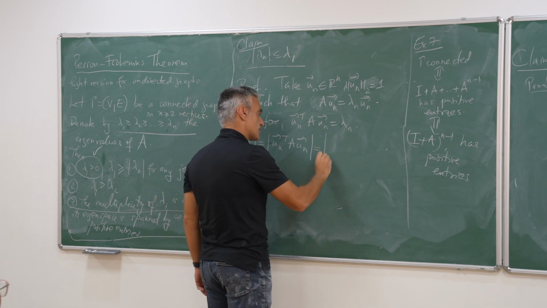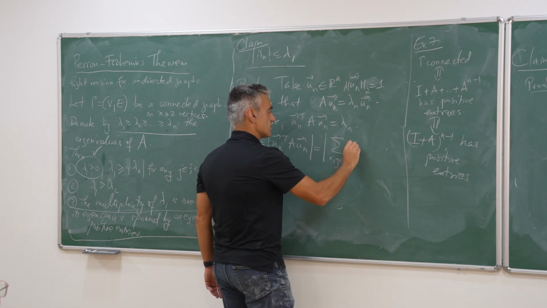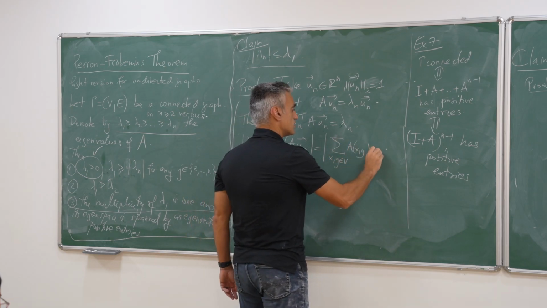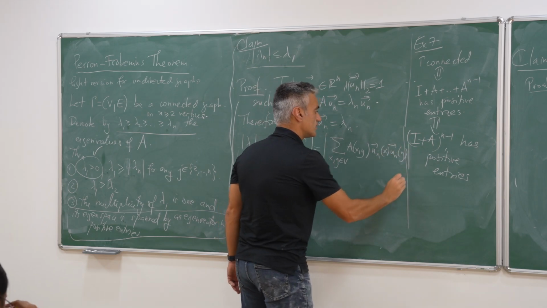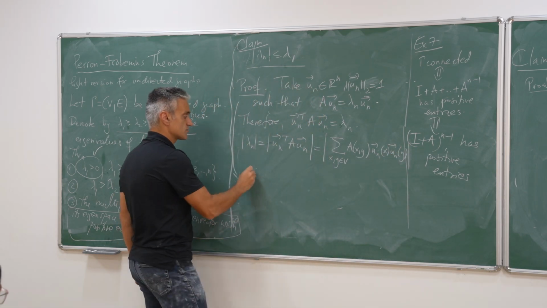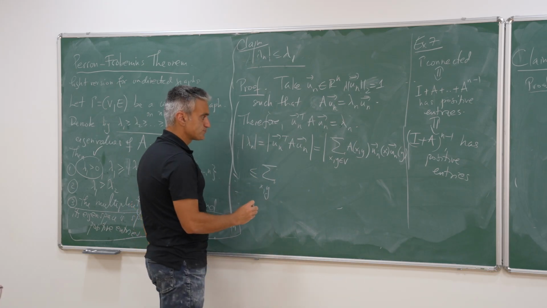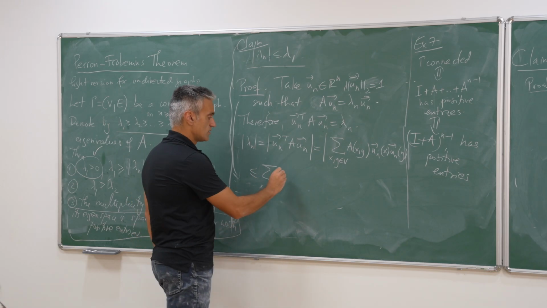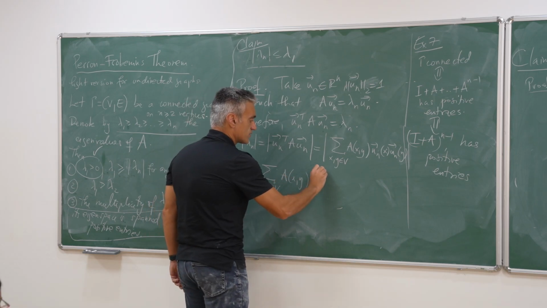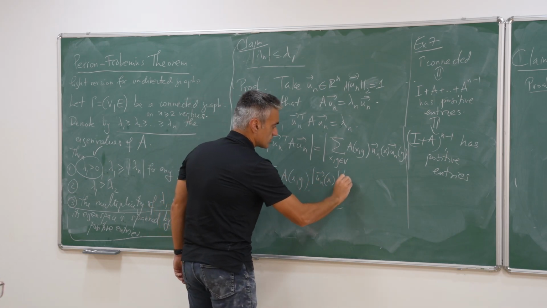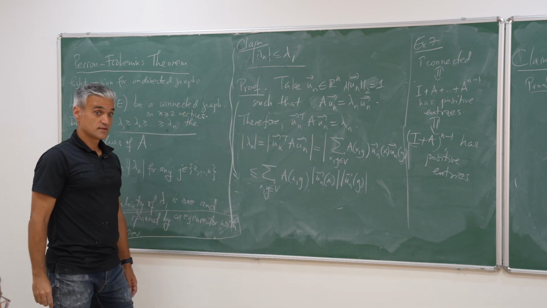And this is the absolute value of the summation over all x y in V of A xy unx uny. Then use the triangle inequality, it's going to be less than or equal to the summation over all x y in V of A xy times the absolute value of unx times the absolute value of uny.